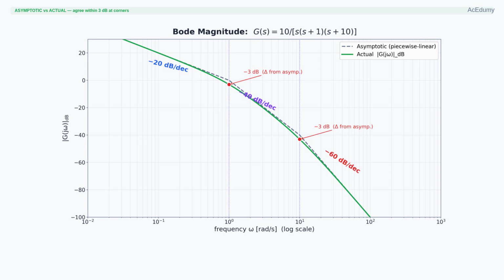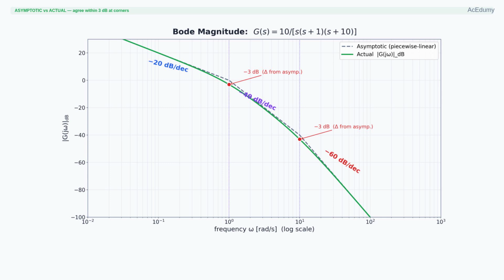How accurate is the asymptotic plot? Very accurate, with one small caveat. The true magnitude curve is smooth. It does not have sharp corners. It deviates from the asymptote by exactly 3 dB at each simple pole or zero corner, minus 3 dB for a pole, plus 3 dB for a zero.